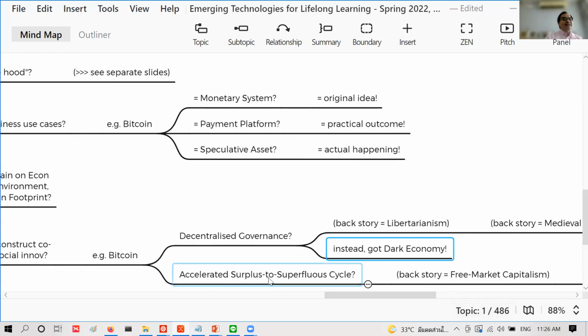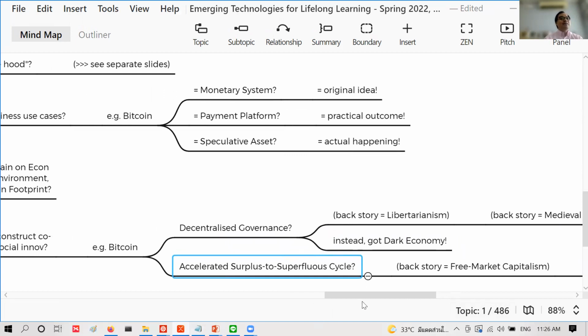And in fact, it accelerated surplus to superfluous. I'll talk to you at length perhaps in some other context. You know what an economic surplus is, right? We didn't have surplus back then because whatever food we gathered in the morning, we ate in the afternoon.